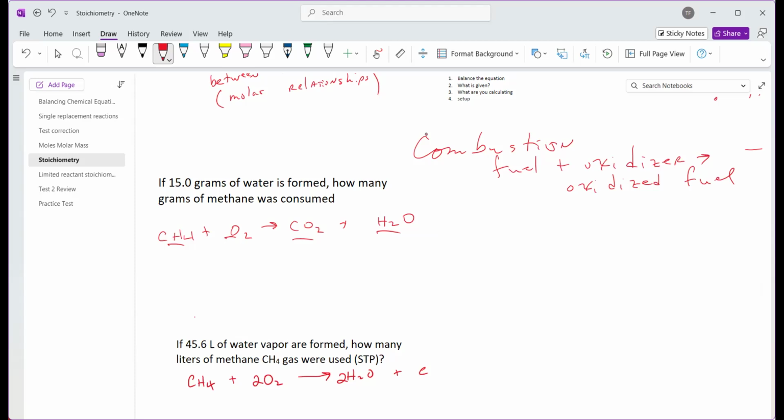Okay, so step number one is balance the equation. Now, again, I'm going to be giving you the equations. So this is the equation. I'm just going to balance it really quickly for you. Okay, all right, so what's given? 15 grams of water.